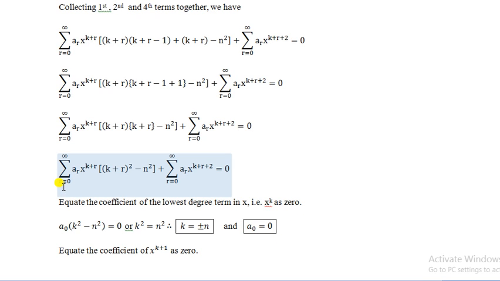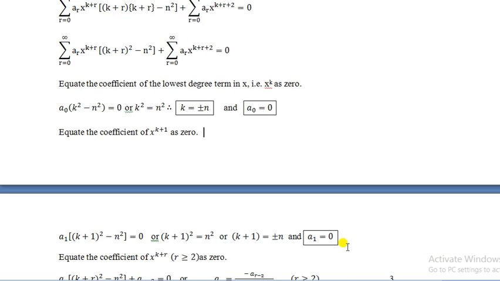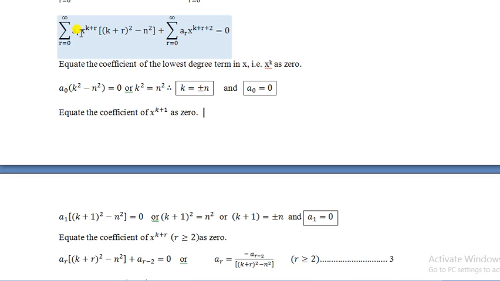Now substitute r equal to 1. If r equals 1, the power of x becomes k plus 1, but here it is k plus 3. So we equate the coefficient of x raised to k plus 1 as 0. The next term becomes a1 times k plus 1 square minus n square equal to 0.